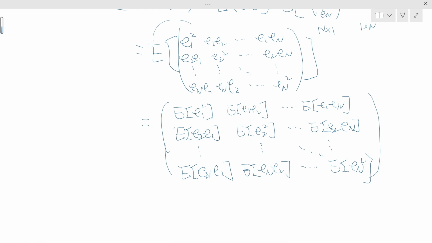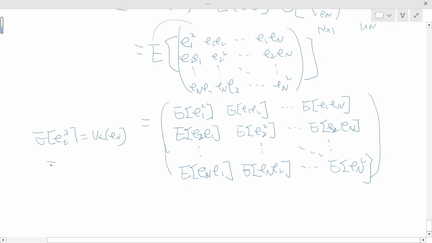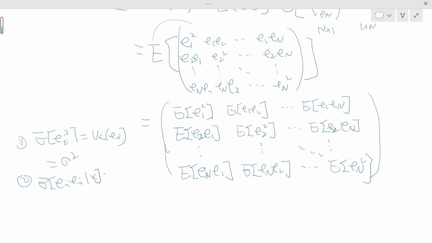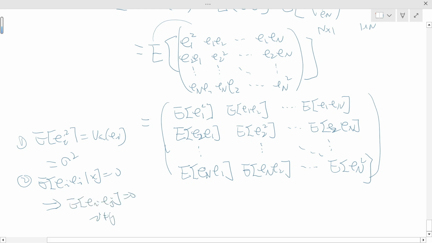And remember, one assumption is the homoscedasticity assumption. So epsilon i squared, which is the variance of epsilon i, is sigma squared. That's homoscedasticity. Also, we assume that there are no correlations, so the expectation of epsilon i epsilon j is 0 for i not the same as j.